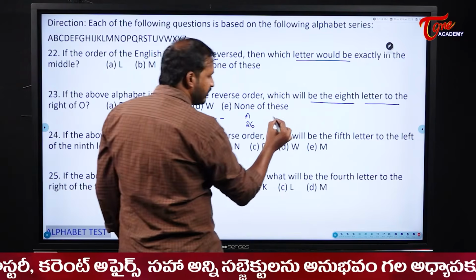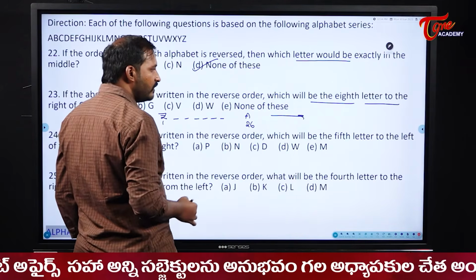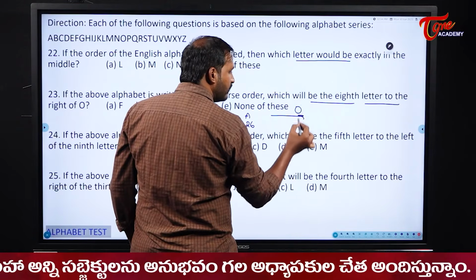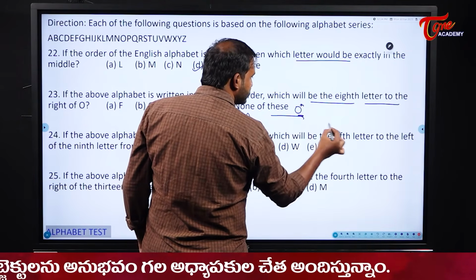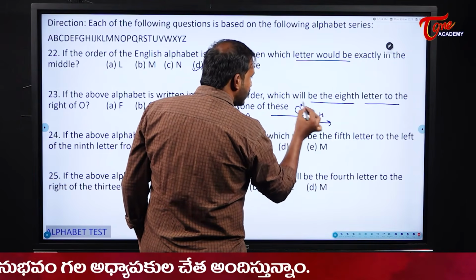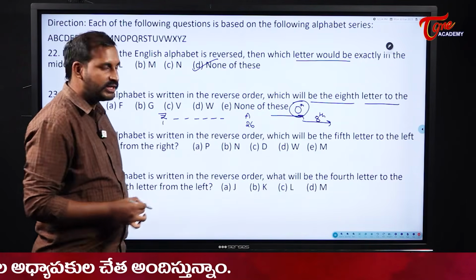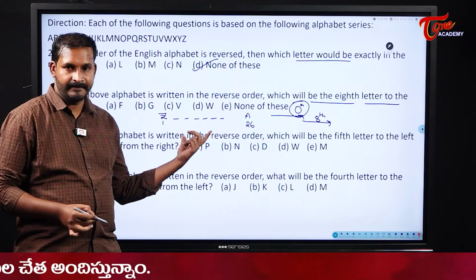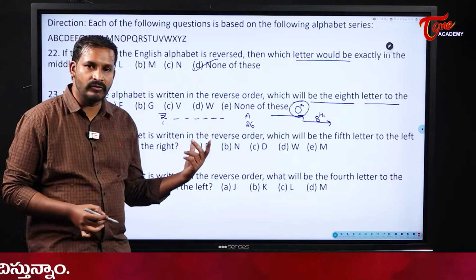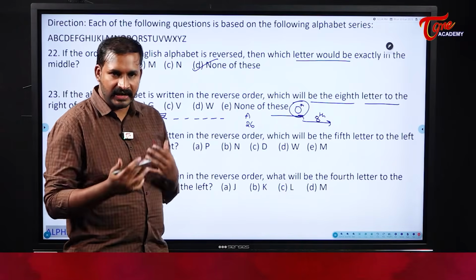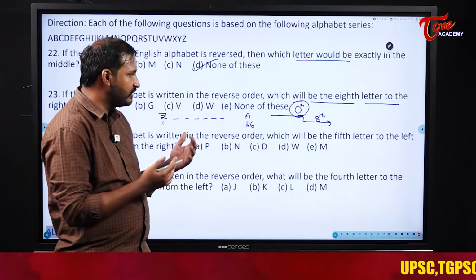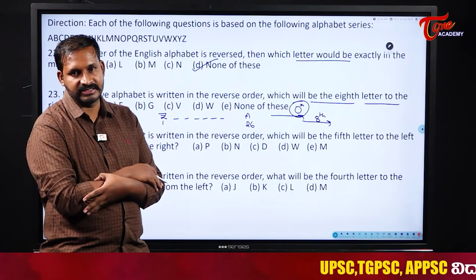The 8th letter to the right of O. Somewhere O will be there, and to its right side I should find the 8th. First of all, I should find the O's position from left, or else it is confusing for us and we cannot find it. What we will do is simply change the directions.